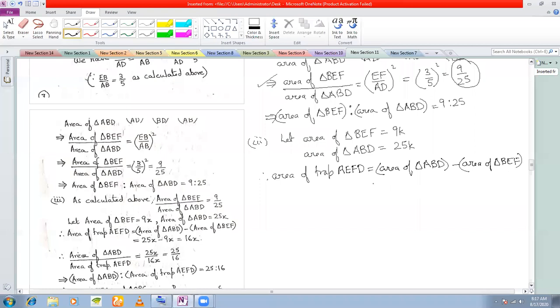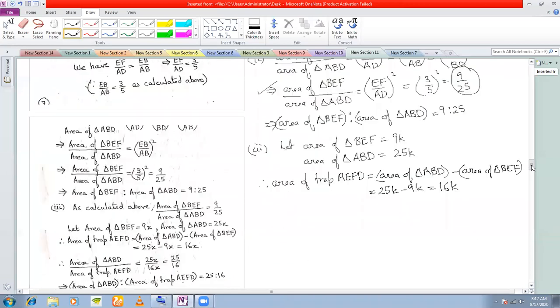Which is 25k minus 9k, and which is 16k. Okay, you have got the area of the trapezium, and you also know the area of the triangle ABD, which is 25k.